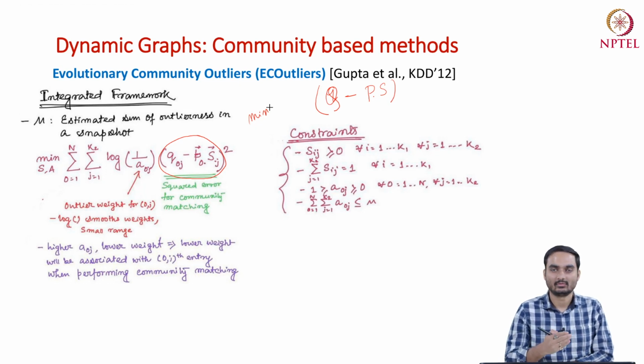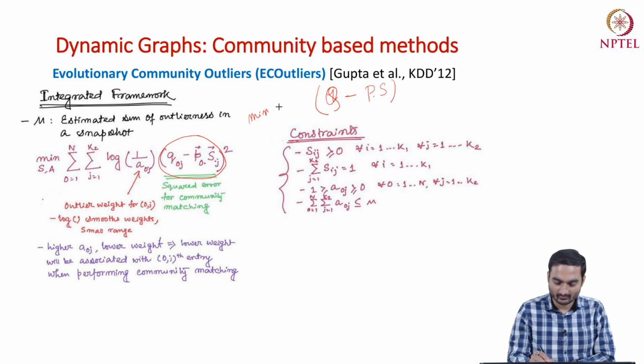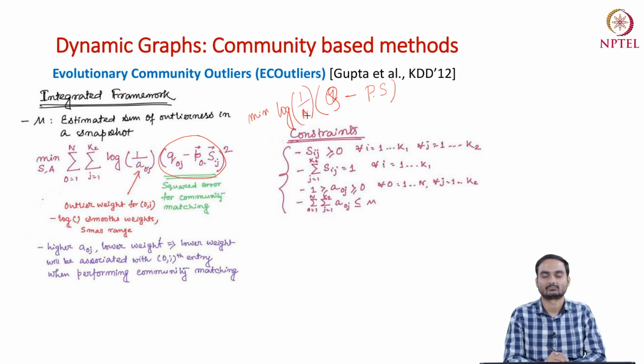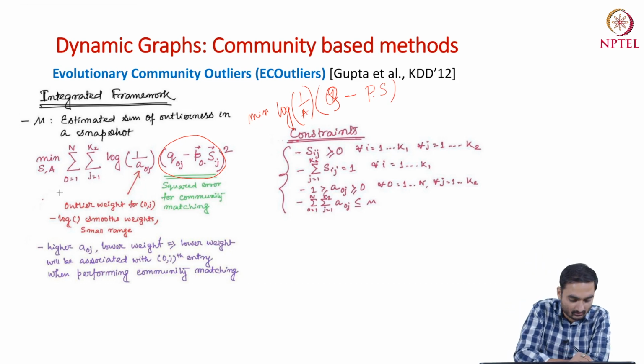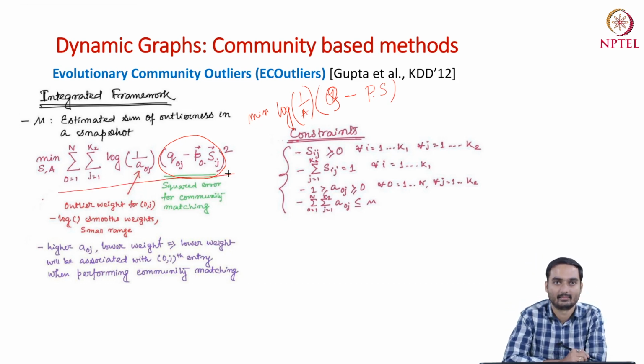So, we need to add some quantity which reduces the bias of the overall algorithm towards outlier entities. For that we incorporate a log loss, not a log loss as such, but a log weight. This is 1 by A.